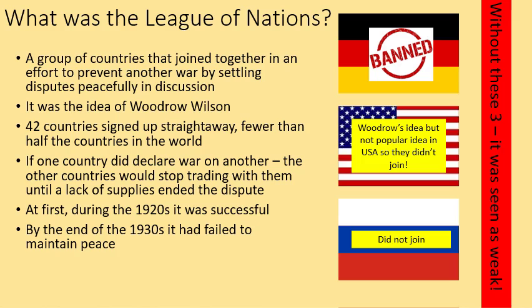So even though it was their president's idea, America, one of the biggest and most powerful countries in the world, wasn't in it. So straight away, it's going to hit a problem. And then you've got Russia, and they decided to not join. Again, big country, big military power, so they decided they were not going to join. So problems for the League really from when it started.